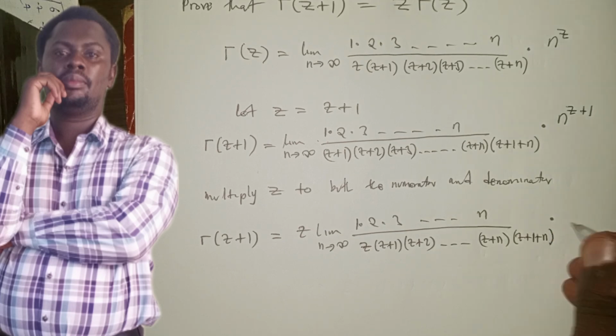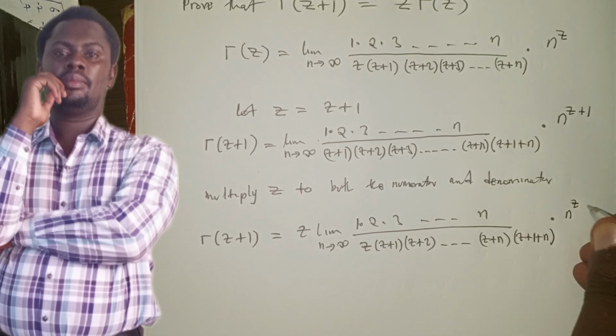This is multiplied by n to the power z plus 1.